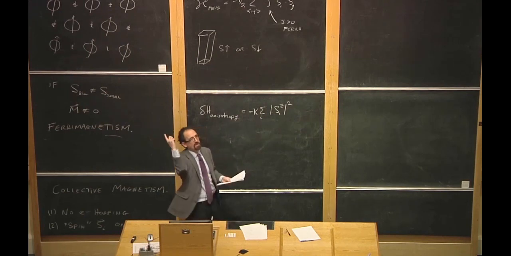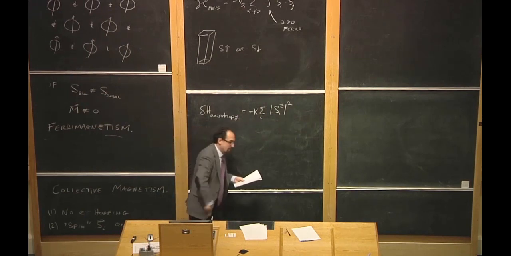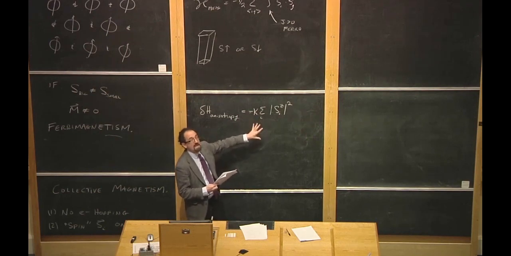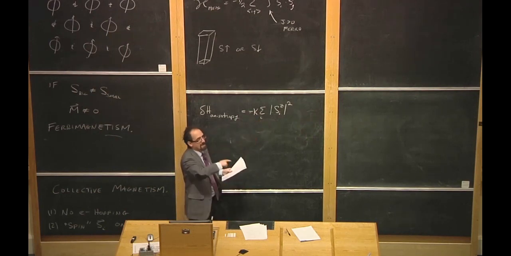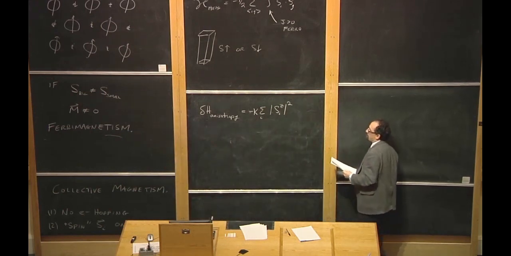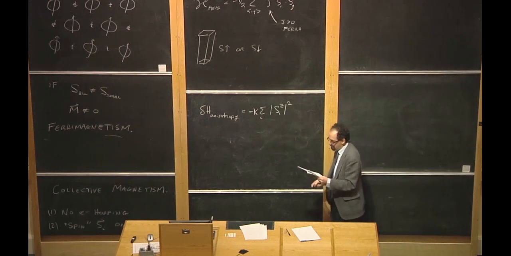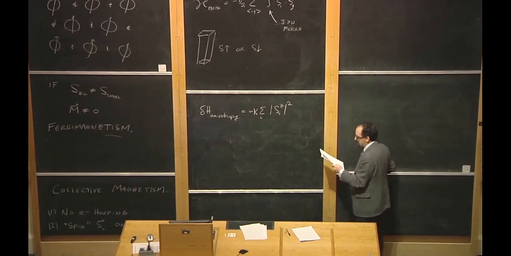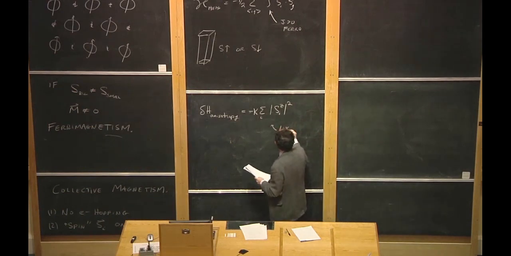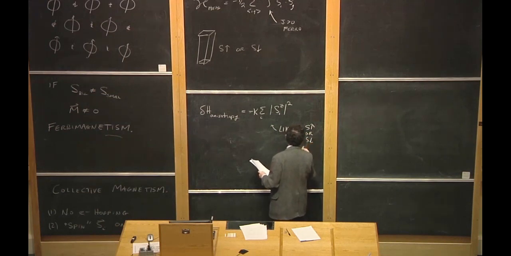If S is pointing in the direct up or direct down direction, this Hamiltonian is as small as possible. It gets as negative as you possibly can, as compared to having S point in the Sz equals 0 plane, where this gets less negative. So this anisotropy term is one we're going to consider a lot. It likes to have S up or S down, not S pointing sideways.